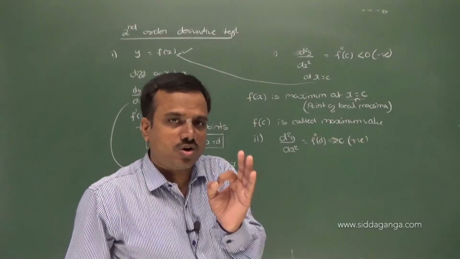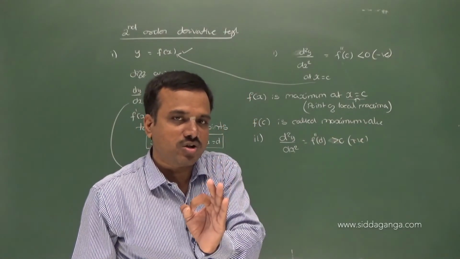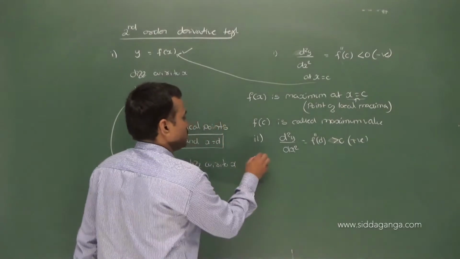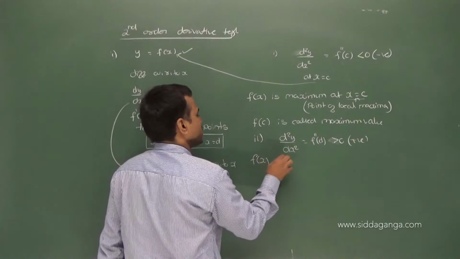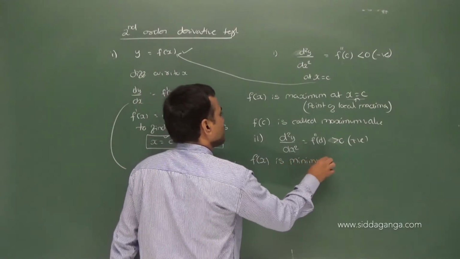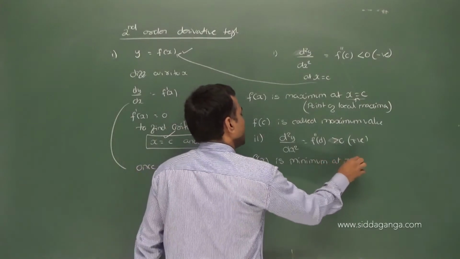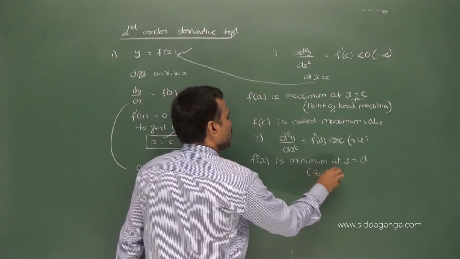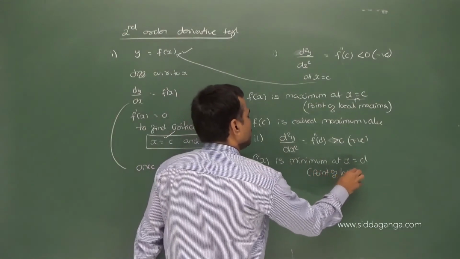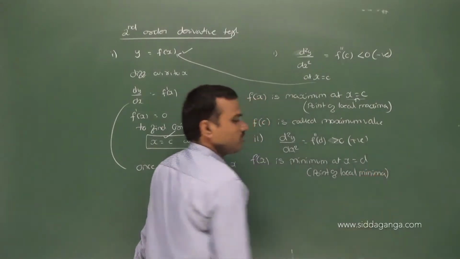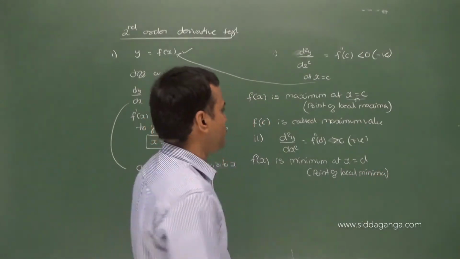If the second order derivative is positive at that point, f of x is minimum. F of x is minimum at x is equal to d. This point we call it as point of local minima. Point of what? Local minima.